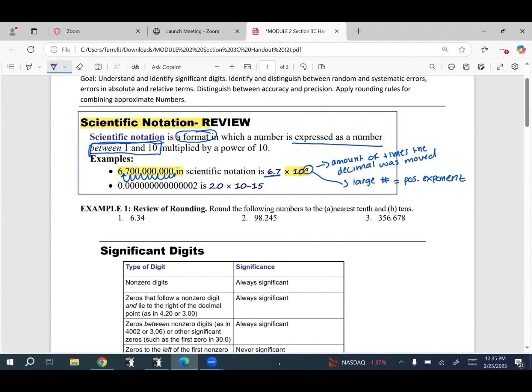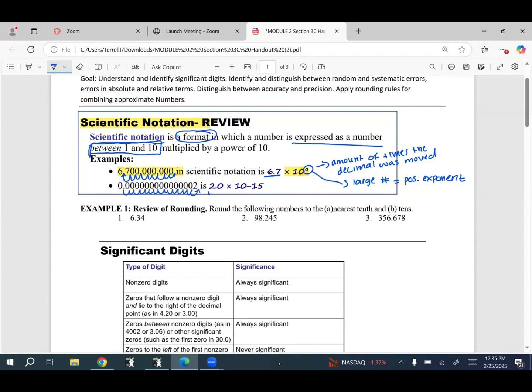So again, we're doing the same procedure. I'm going to move the decimal point however many times I need to in order for me to get a value between 1 and 10. So that is 1, 2, 3, 4, 5, 6, 7, 8, 9, 10, 11, 12, 13, 14, and I'm going to move it one more time, 15.